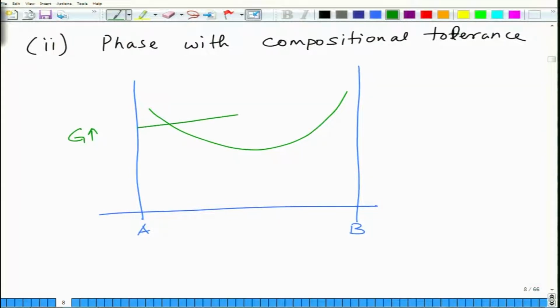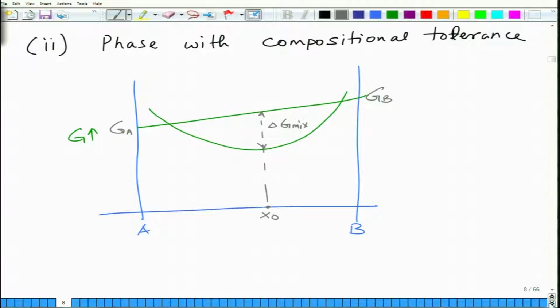So again, this is, let us say, x naught, this is delta G mixing, this is G_A, this is G_B, and this is the phase, but this is shallow, as a result it can have wider compositional tolerance.